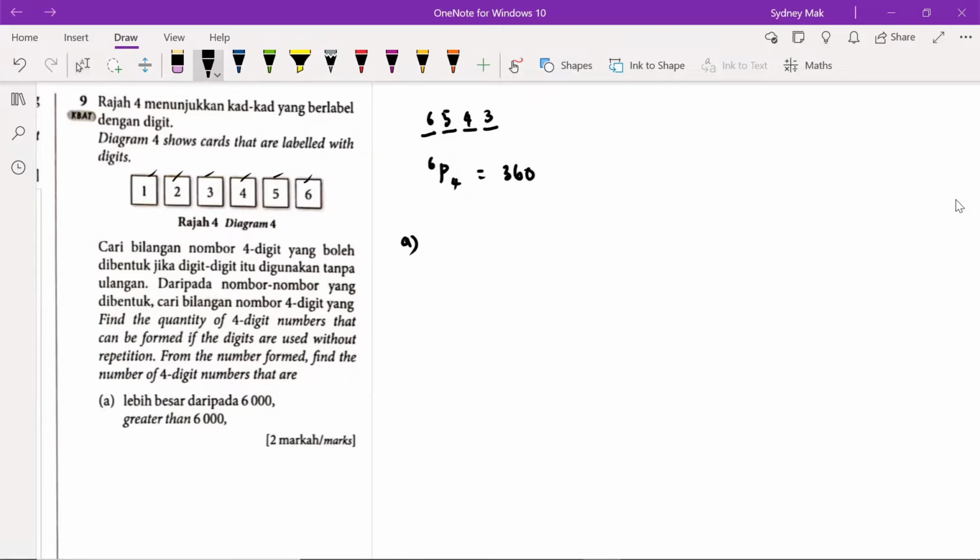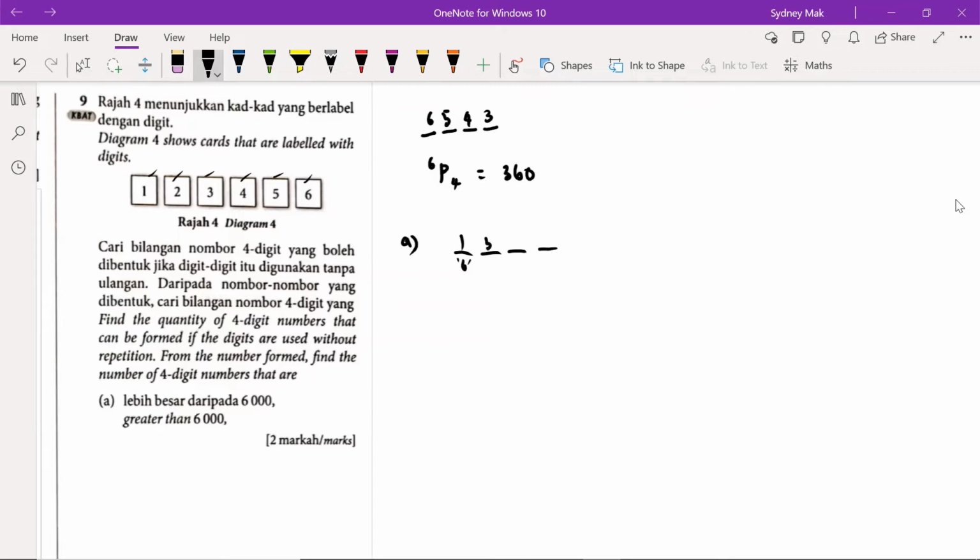So if it's greater than 6,000, okay, we have a special condition imposed here. That means the first digit to be filled in here must be 6. Okay, there is only one way you can fill in the first empty slot. And therefore, for the remaining 5 digits, we can just put any of the digits in.